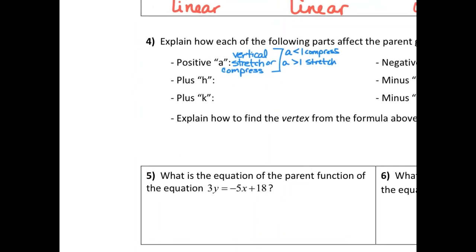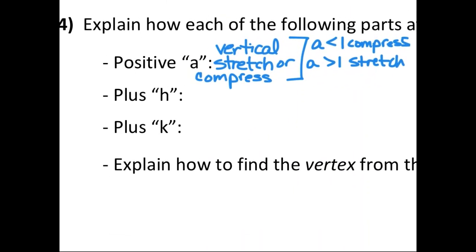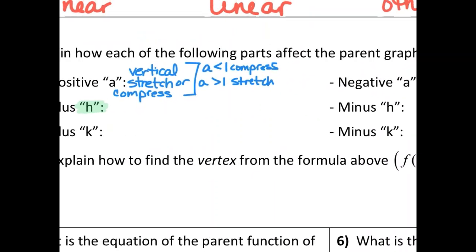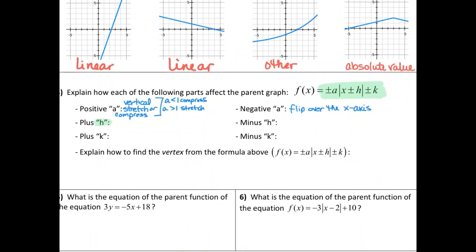If you are adding a number inside, and let me back up a second. Remember that in the equation here, that H is inside the absolute value symbol. And remember that we said that insiders lie.